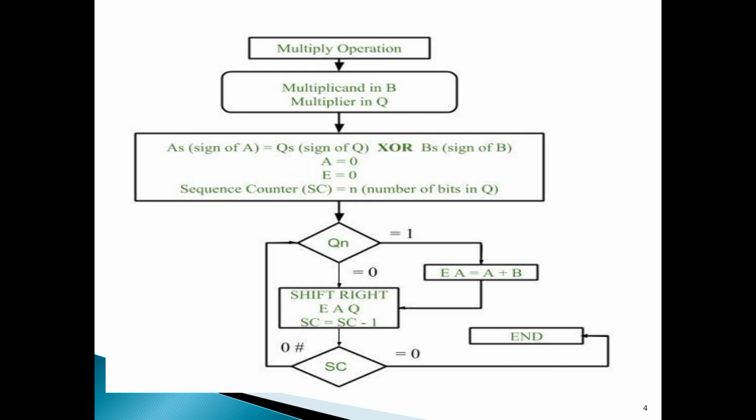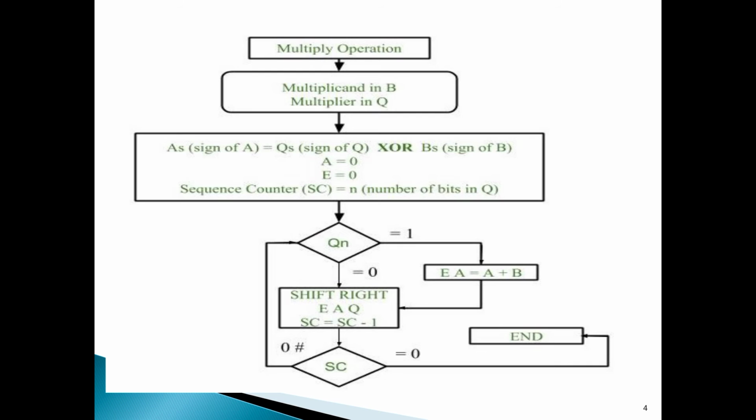After decrementing the sequence counter, we check the sequence counter again. If it is 0, then go to end. If it is not equal to 0, the process continues until the sequence counter is equal to 0. Is it clear to all of you?